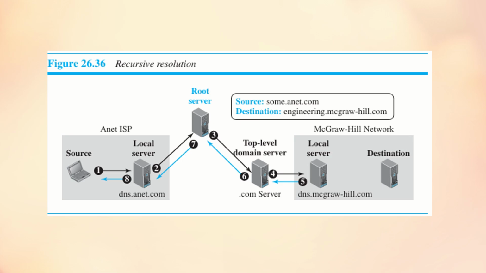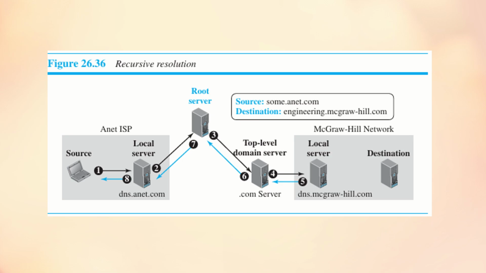So this host needs engineering.macrohill.com to send a message to. So the source host is connected to the ANET internet service provider. The destination host is connected to the McGraw-Hill network. The application program on the source host calls the DNS resolver, that is client, to find the IP address of the destination host.